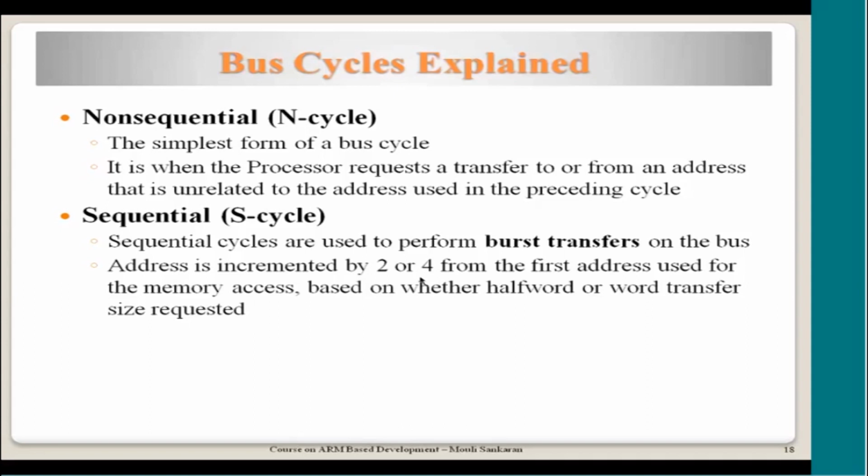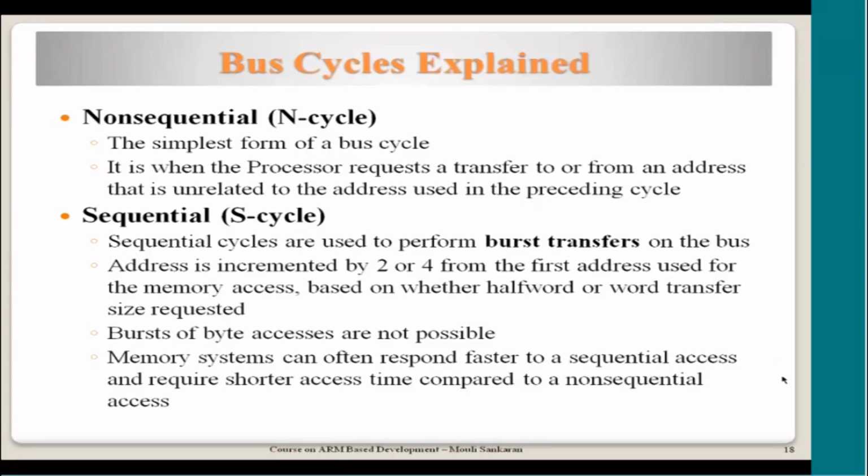So ARM has provided the provision of half-word transfer, through which it can talk to a memory with a 16-bit data bus. It has to perform all the operations of the memory only in half-word mode, and it could perform even burst transfers with the memory if the memory controller supports it. And the memory system can often respond faster, as I told you, in sequential access.